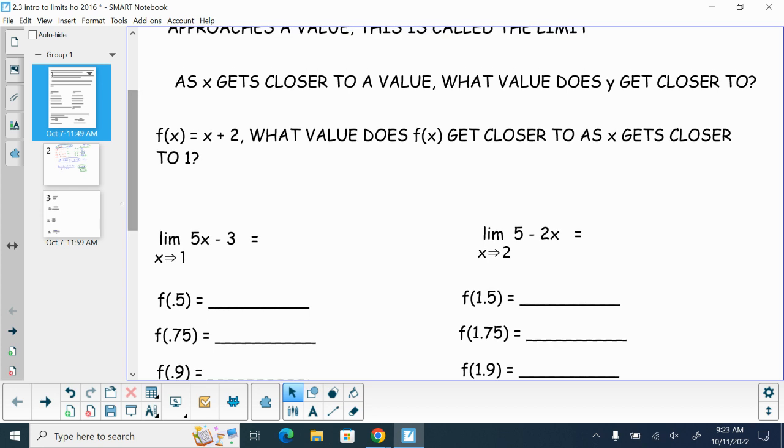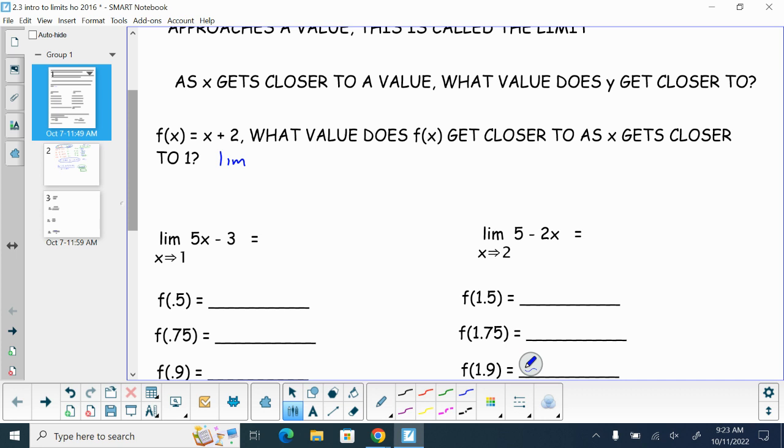Well, let's take a look at this. x is getting closer to a value of 1. How we write this idea is we use the lim, which tells you we have a limit. What does f of x get closer to as x gets closer to a value of 1?